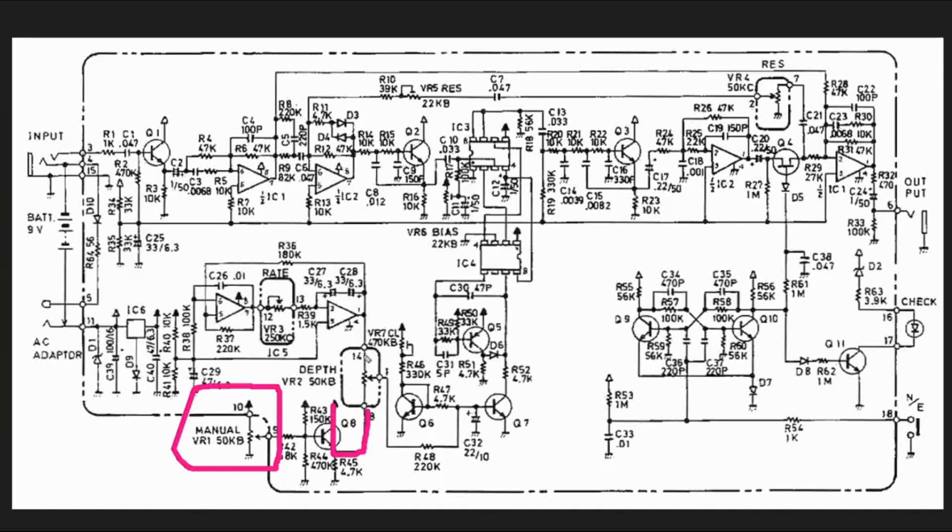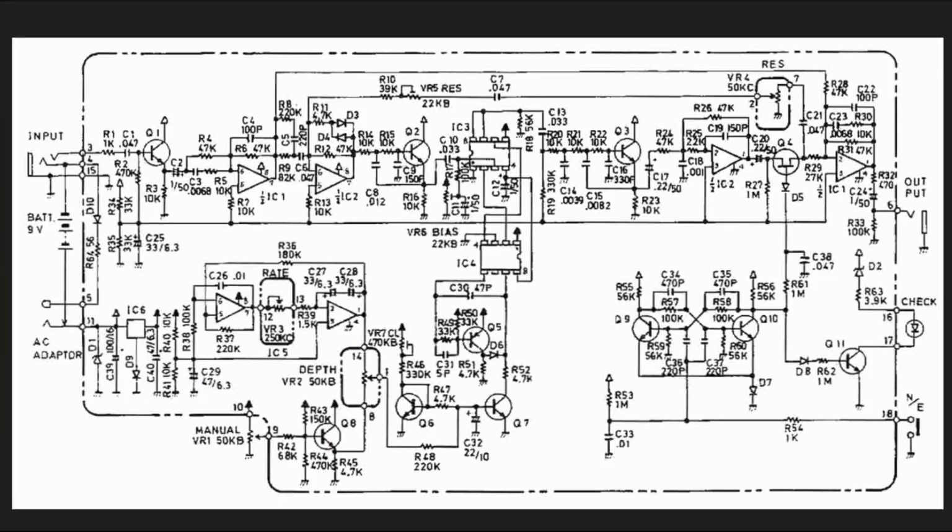So instead of shunting the signal from here to ground, it's going to see a variable DC reference on the other side here, which is going to change how much of this depth is actually going to make it over here. So that's how the manual control works.